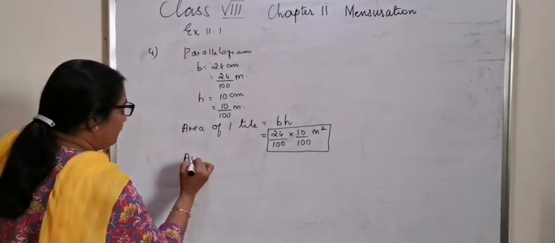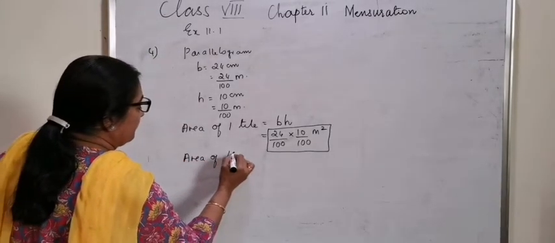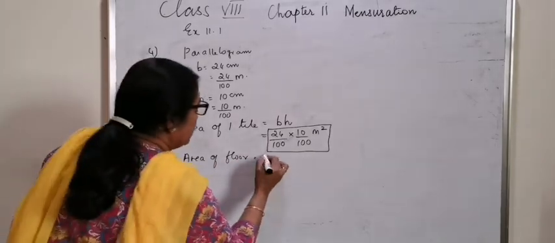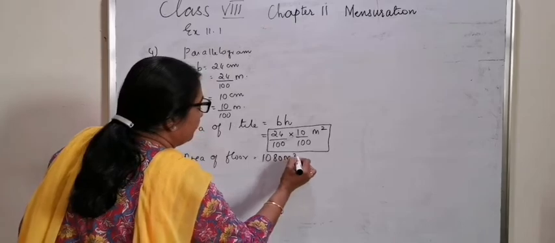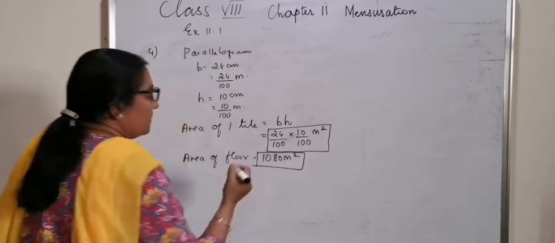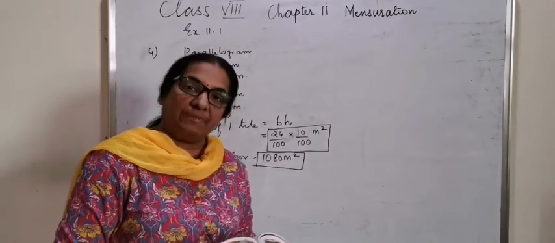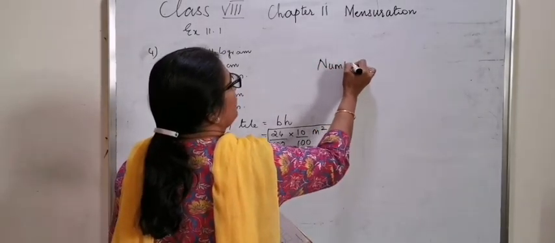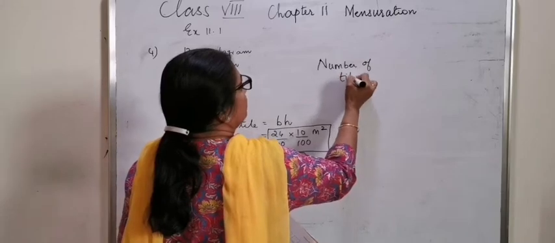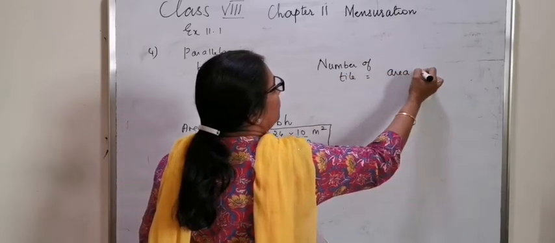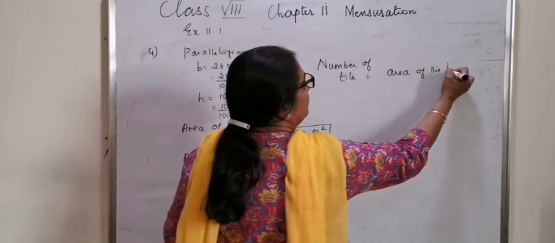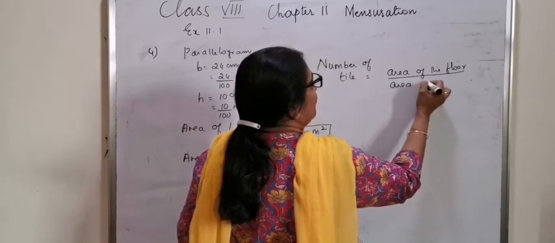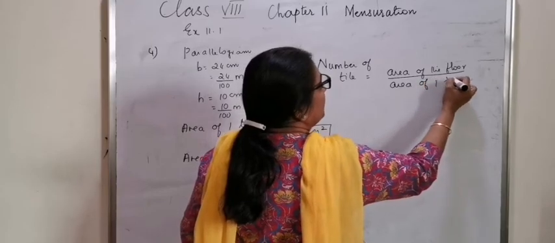Area of floor is given as 1080 meter square. The question is to find out the number of tiles. So, number of tiles is equal to area of the floor divided by area occupied by one tile.